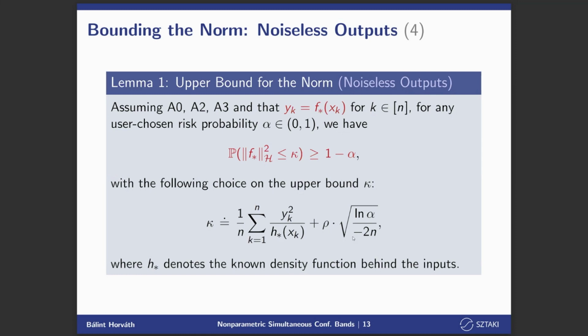This kappa provides us an upper bound for the noise-free outputs case, and with a chosen risk probability, we can guarantee that the norm of this regression function will be less than or equal to this upper bound with a given probability.